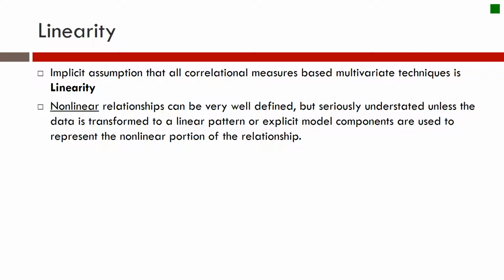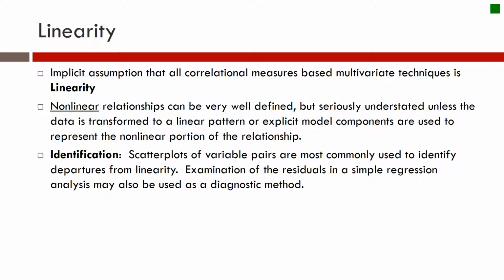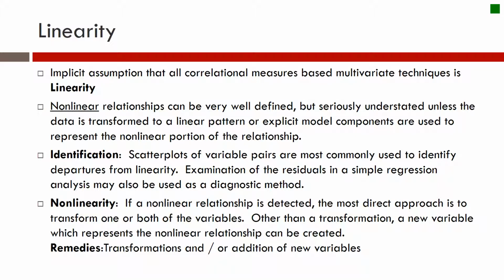Nonlinear relationships can seriously understate the data that you have, and it can create an interaction problem that your data has that's not being identified or being seen in normal analysis. So again, scatter plots will identify whether we see non-linear relationships going on.